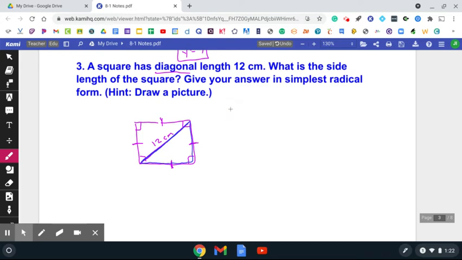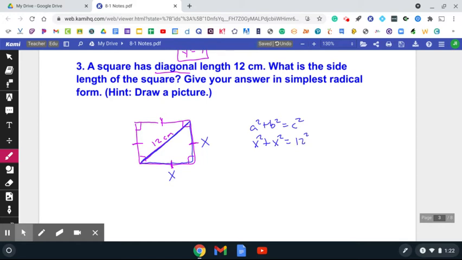So I'm actually going to call this length x, and if that length is x, this also has to be x because they're supposed to be the same. I'm going to write down my Pythagorean theorem. Now, a and b are going to end up being these sides here that are both labeled as x because they're the legs. So we'll do x squared plus x squared equals the hypotenuse, 12 squared.